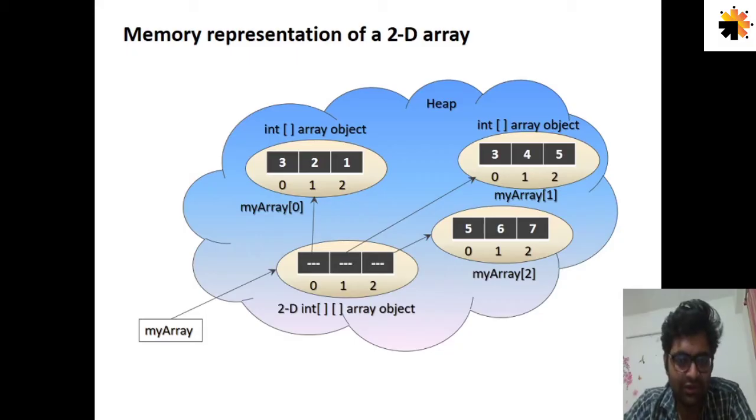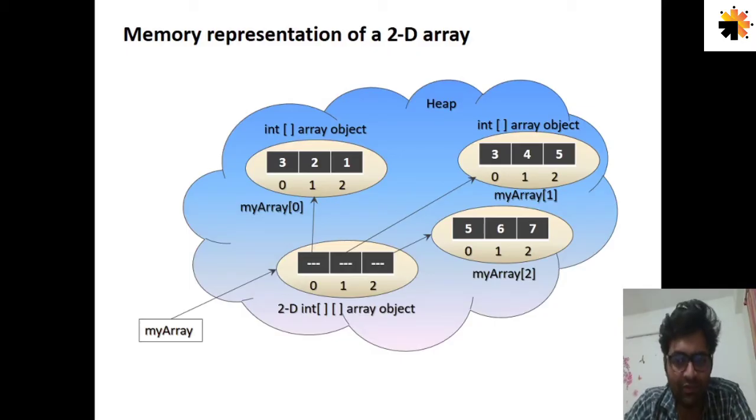At 0 I'm placing an array. 0 is holding an entire array with the values 3 2 1, and then index 1 is holding an entire new array which is 3 4 5, and my array of 2 is again holding values 5 6 7. Like that we can have a base array where each index can hold another new array. That is the 2-dimensional representation of my array.